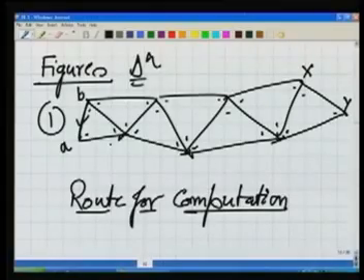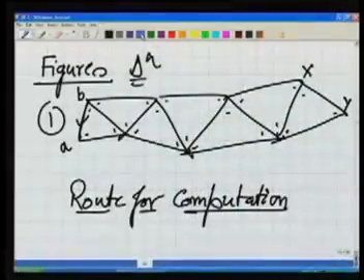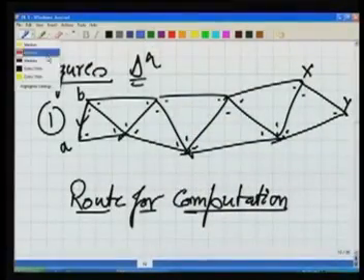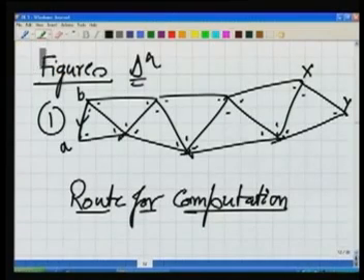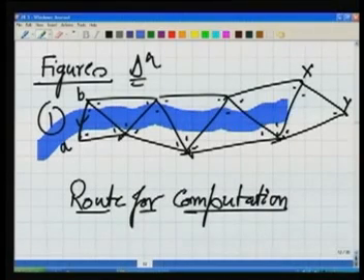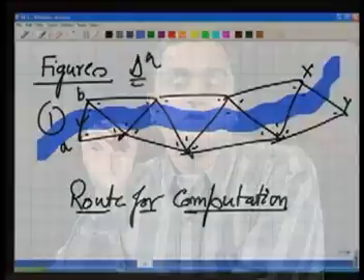Now this kind of figure, the single chain of triangles, as you can think, in which case will it be suitable? Well, let us say we have a river, and this river flows like this, and your job is to plot or map the outline of the river.